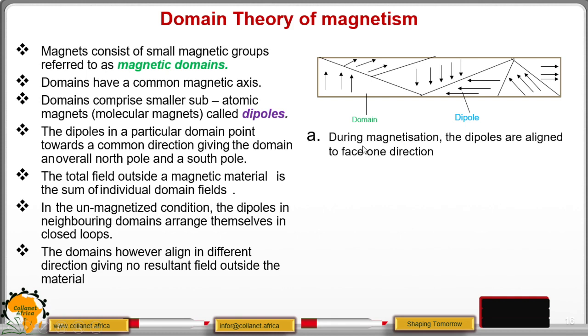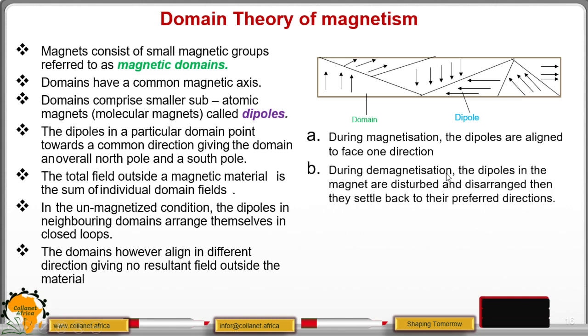Then from there, during magnetization, the dipoles align to face one direction. In other words, this one is facing upward, this one towards that direction. When you are magnetizing, or when you are making a magnet, these dipoles will align so that they face in one direction.